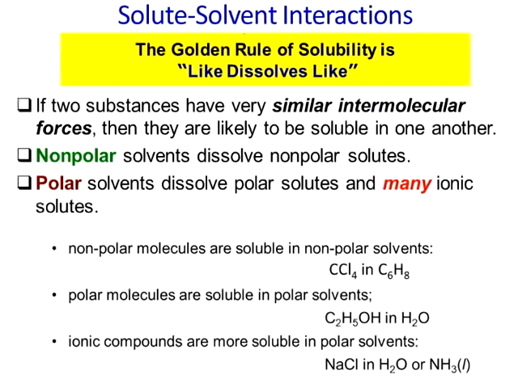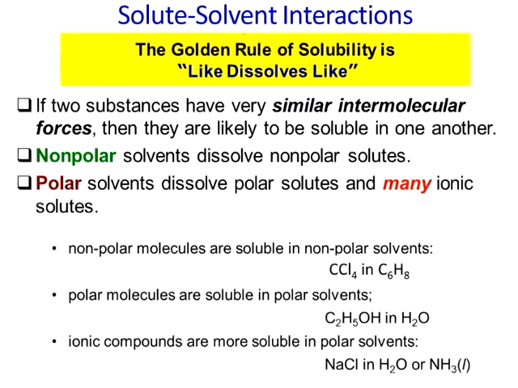Okay? So if two substances have very similar intermolecular forces, then they are likely to be soluble in one another. Not always the case, but it's highly likely. That is the starting point for trying to find a solvent that will accommodate a solute. Okay? So it works like this. Nonpolar solvents dissolve nonpolar solutes. That's the general rule.